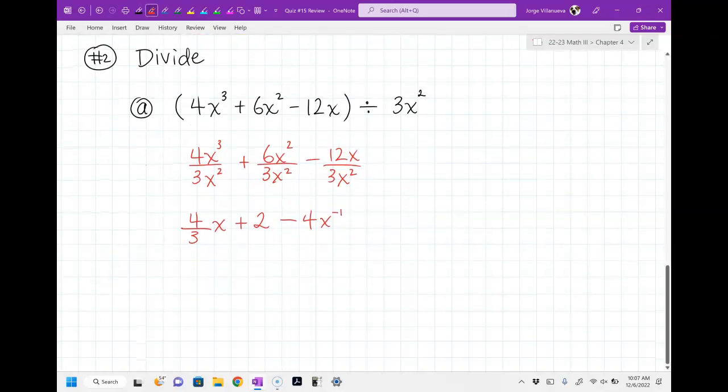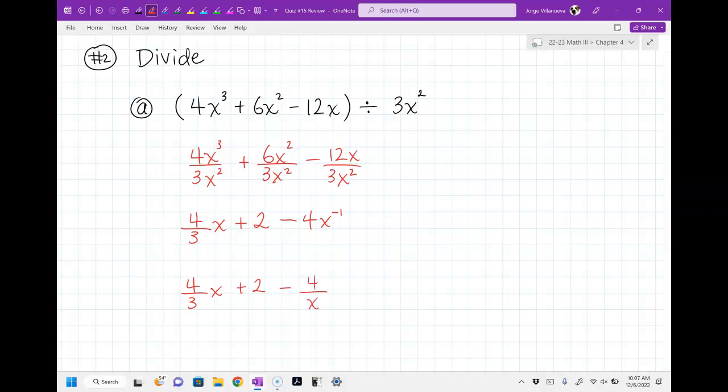Or, if you want to write it like this, it's acceptable as well. Because remember, a negative power brings it down to the denominator, right? So it would be x to the first on the bottom. Either answer is okay. Depends on what you'd like. Okay, but any answer is just fine.